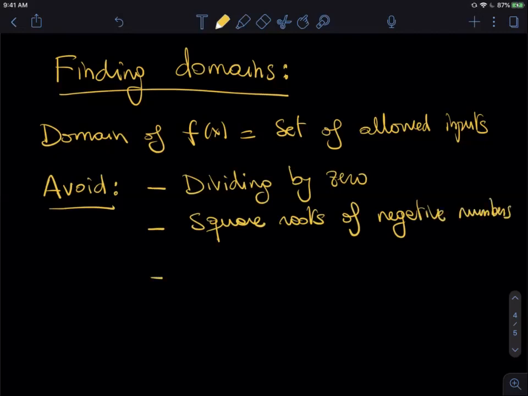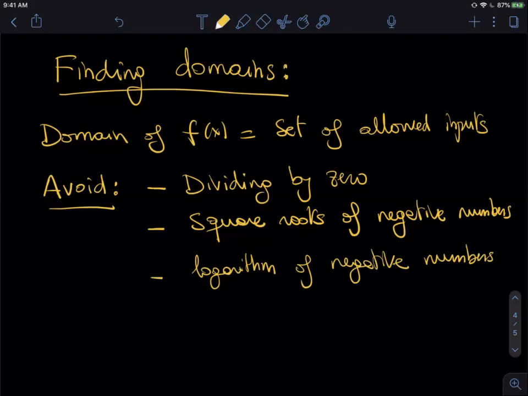And the third thing that we want to avoid is to take a logarithm of negative numbers. And here, careful, because 0 is also a no-go. Actually, I wrote or, but let me say and. So in the case of the square roots, we need to avoid the negative numbers. In the case of the logarithms, we need to avoid negative numbers and 0.